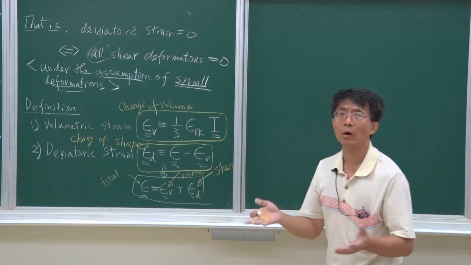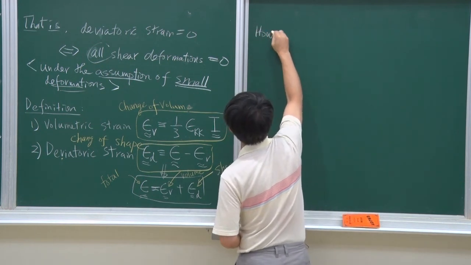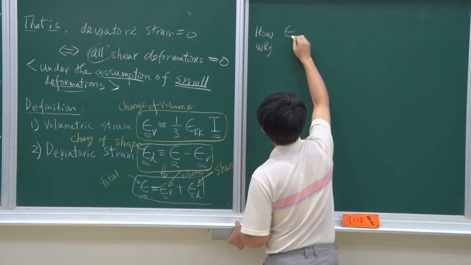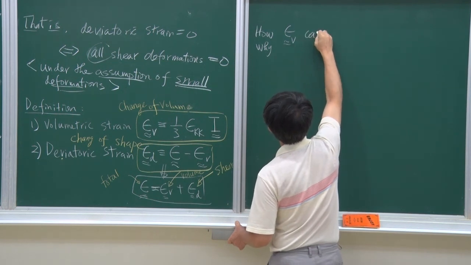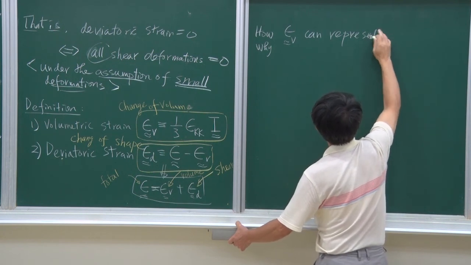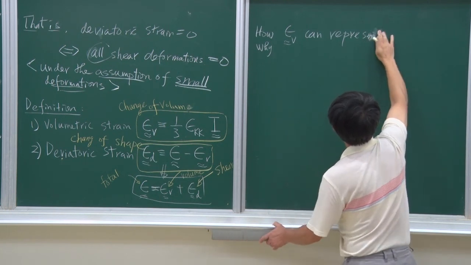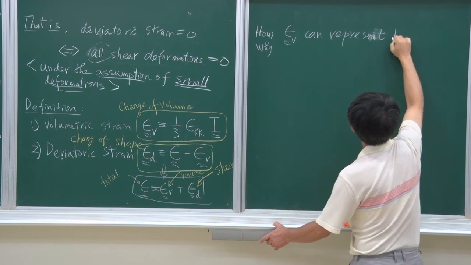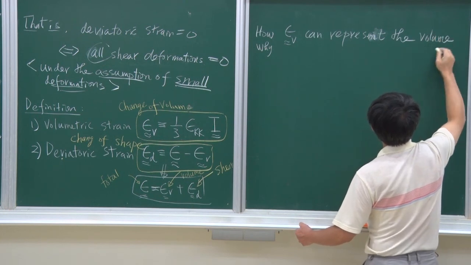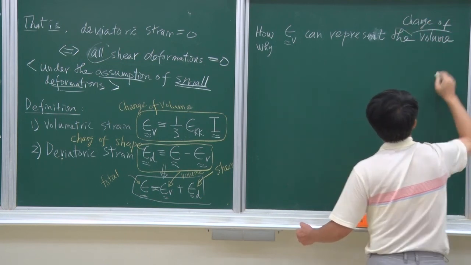Okay, one more question remains. How or why can we represent the change of volume?